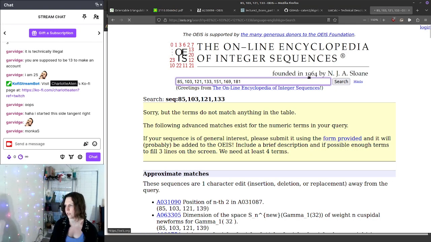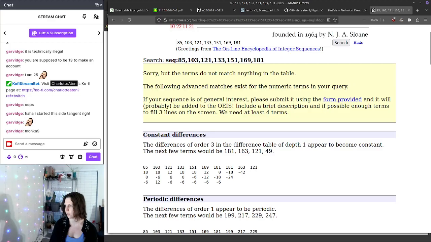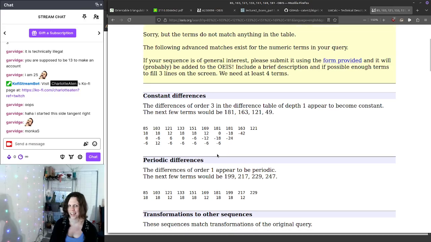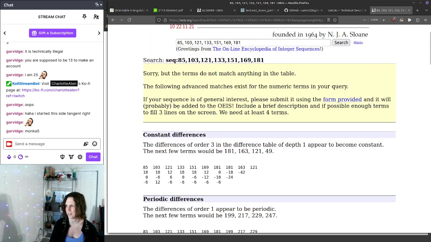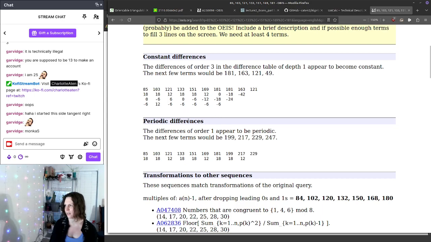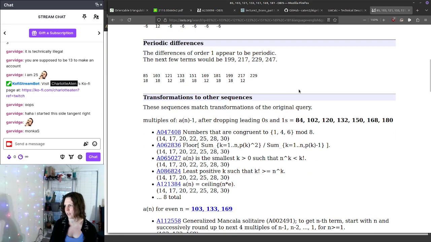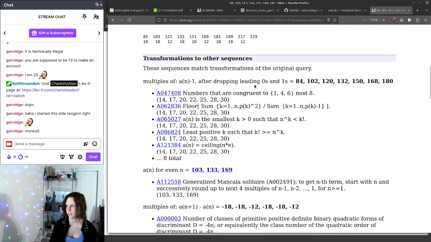So we still shouldn't get anything that matches perfectly. Constant differences. Well, okay. I know that it's basically linear, so that's not shocking.